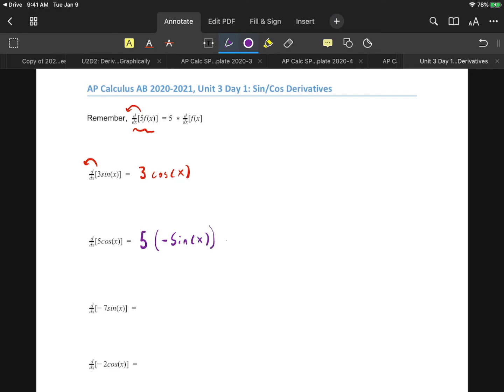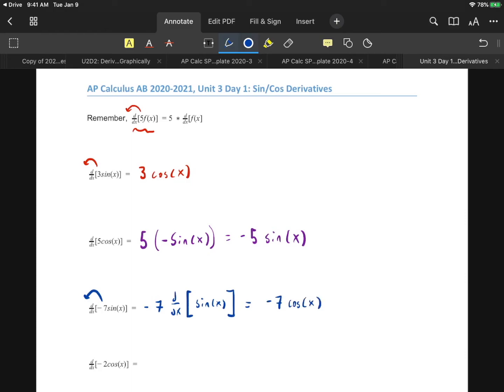And so we could clean that up a little bit. We could call this negative 5 sine of x. Where these end up tripping people up is there's a lot of negatives to be careful of. So anytime you can break this up, let's bring this negative 7 out, and you can write it as formally as you want. You could say this is negative 7 times the derivative of sine of x. I know that's negative 7 cosine of x.